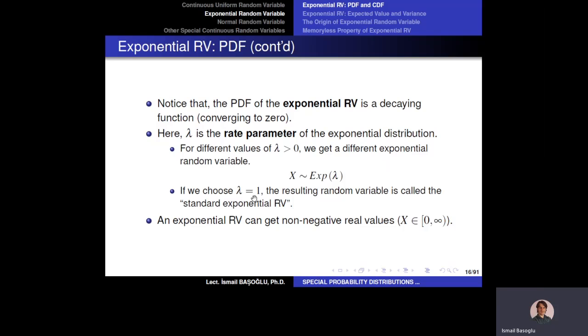And if we choose lambda to be equal to 1, when the rate parameter is equal to 1, such an exponential random variable is called a standard exponential random variable. And an exponential random variable can only get non-negative real values, which means we cannot assign any negative value to an exponential random variable. It can only get 0 or positive values.